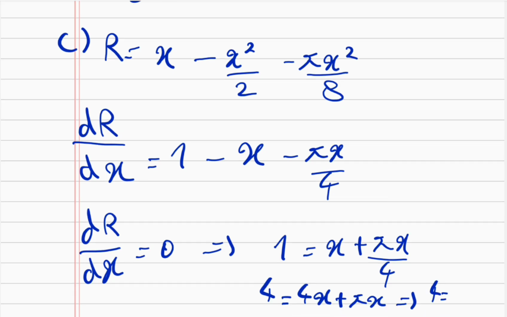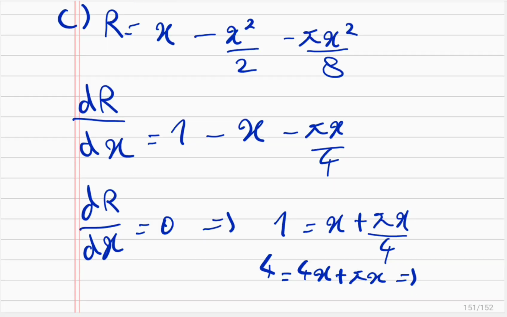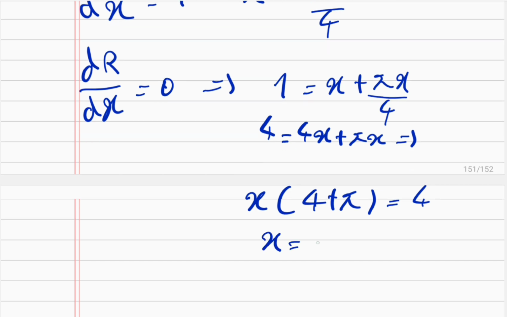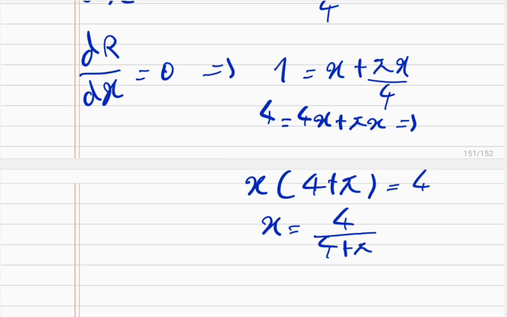So we take a factor of x, and we have x times 4 plus pi is equal to 4. And finally, x is equal to 4 over 4 plus pi. And so that's basically the value that maximizes r.